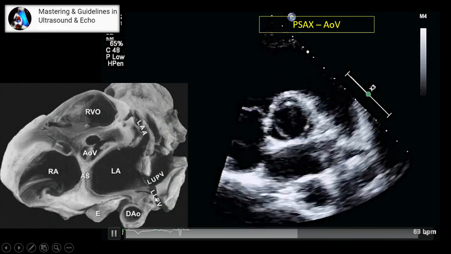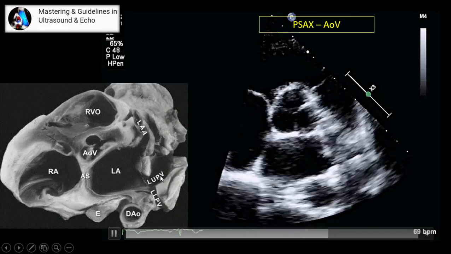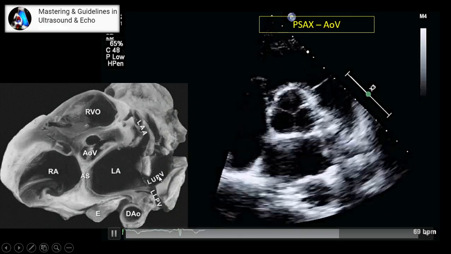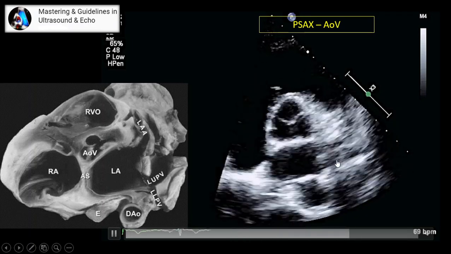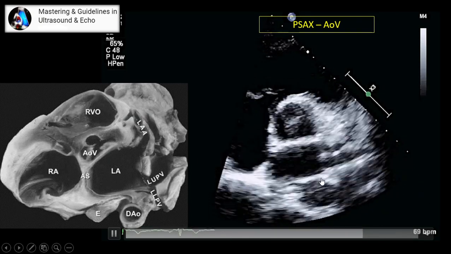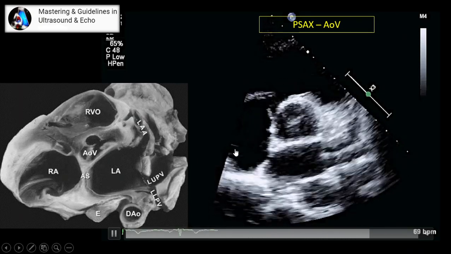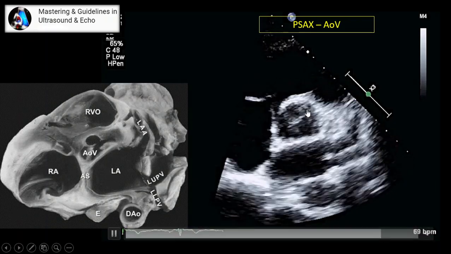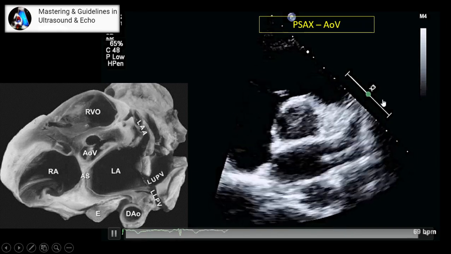Sometimes maybe we'll see the upper and lower pulmonary veins here. We see the upper here, but I don't see the lower. But it's not too important in this image. Then we have the tricuspid and pulmonary valve here.